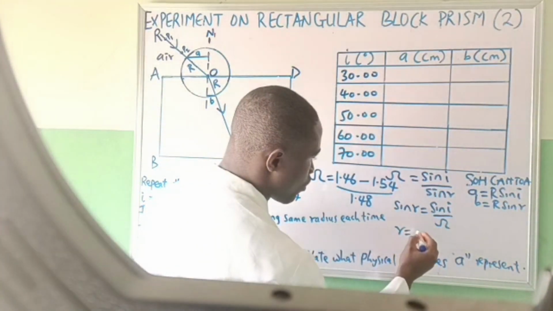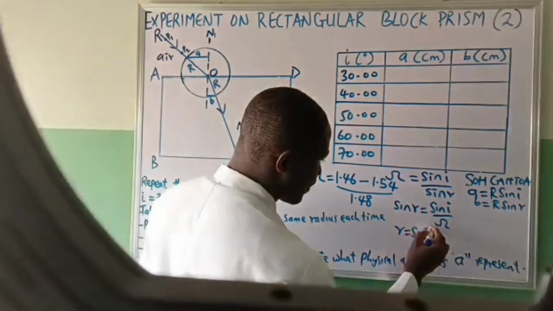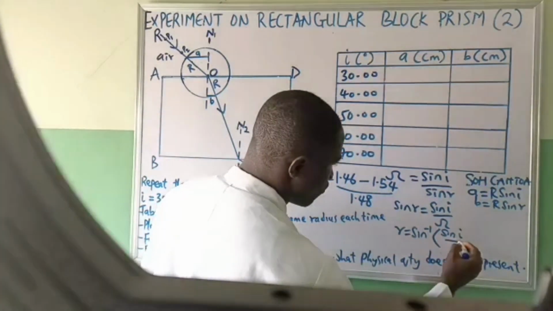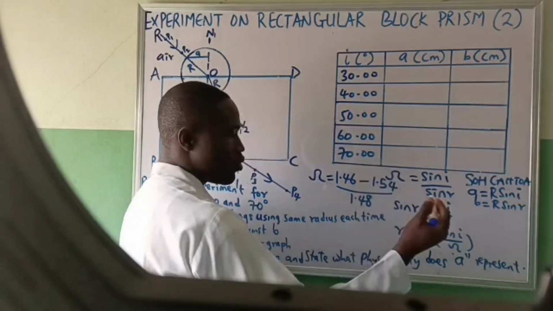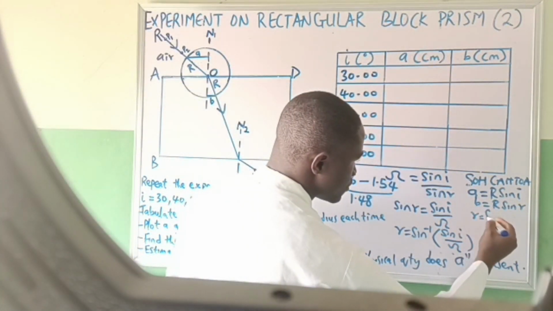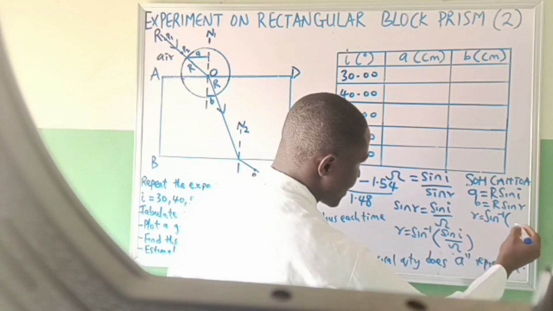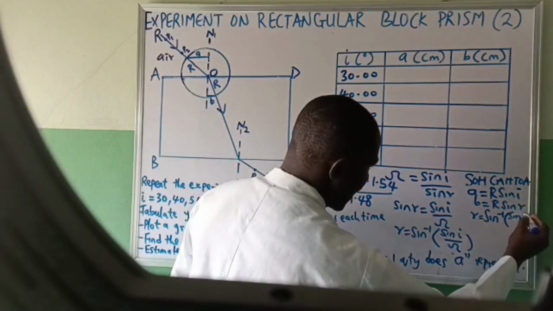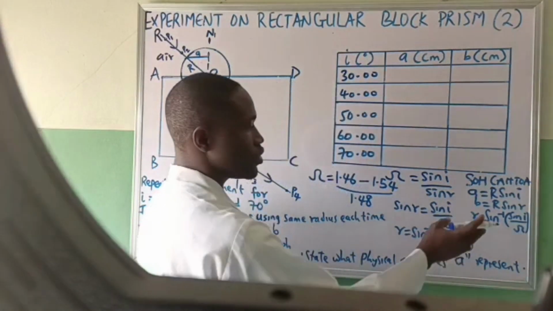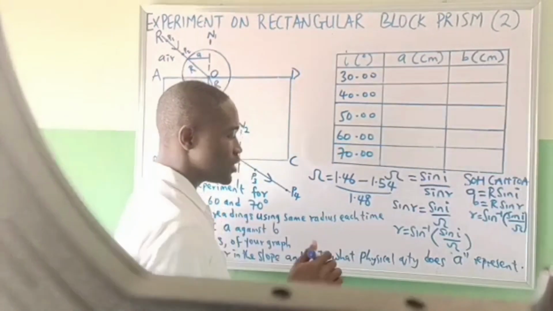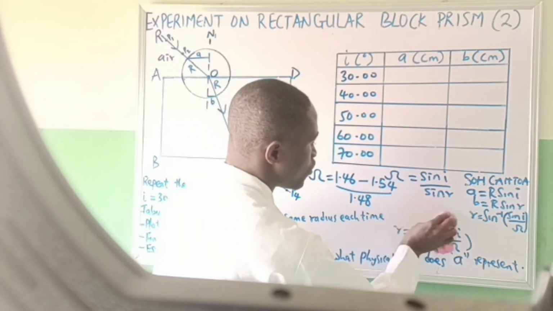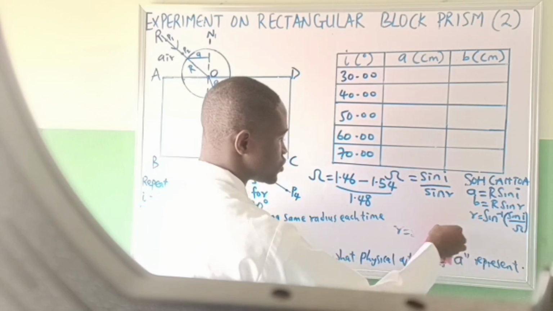Therefore r equals sine inverse of sine i over the refractive index. So these are the three formulas we need for this experiment to be performed without touching the apparatus.